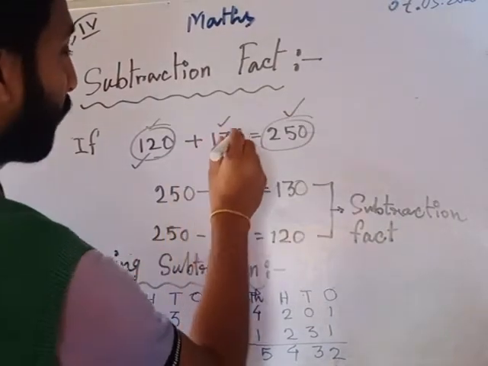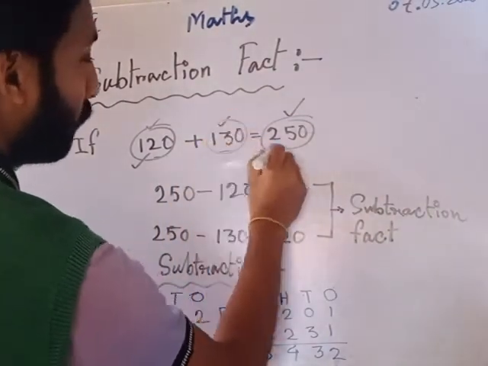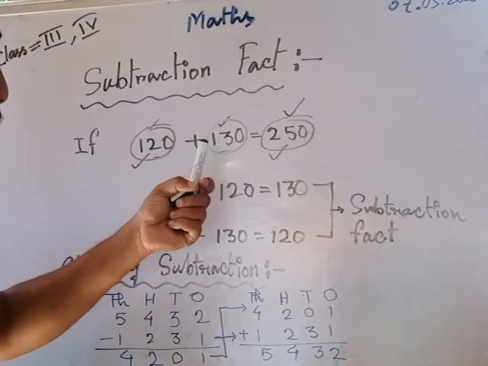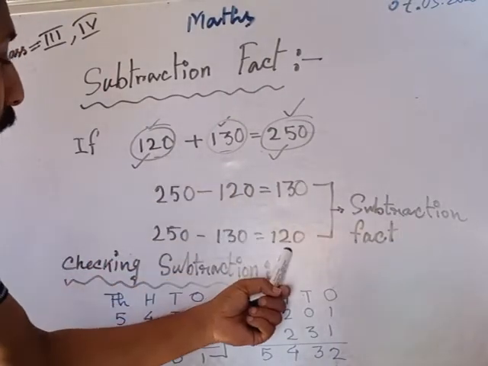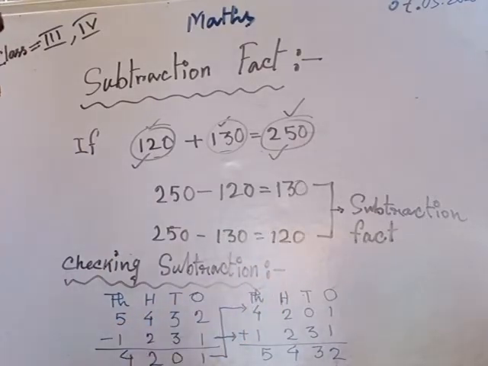If you subtract 130 from 250, you will get 120 as a result.